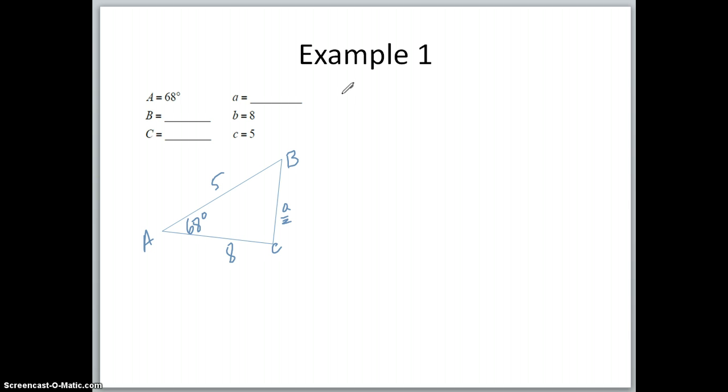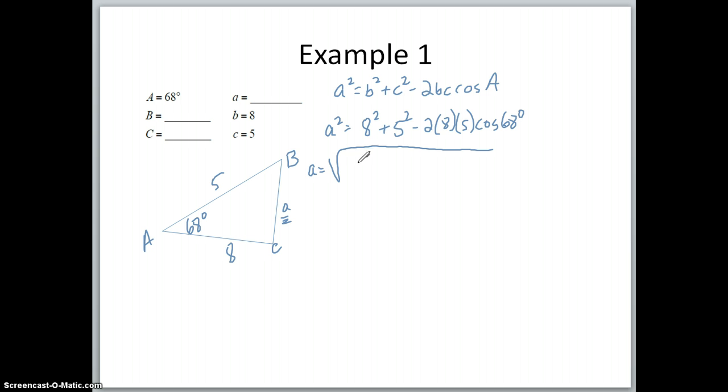We're going to use the law of cosines, and remember it's A squared equals B squared plus C squared minus 2BC cosine of angle A. So A squared, we have B is 8, plus C is 5, minus 2 times 8 times 5. Again, folks, this is just a formula, so you're just plugging in everything you know into here. All right, then we're going to have A equals the square root of all of this stuff.